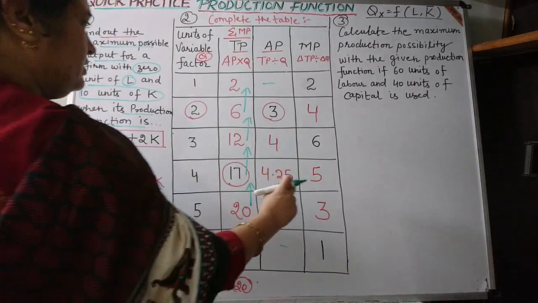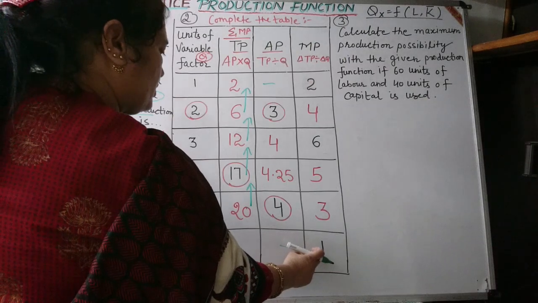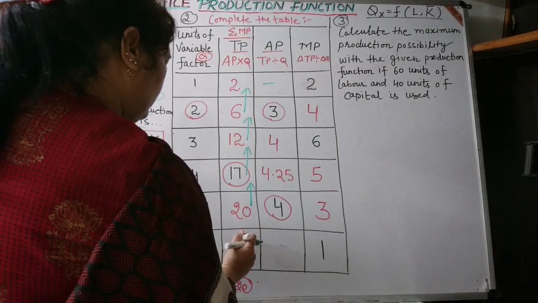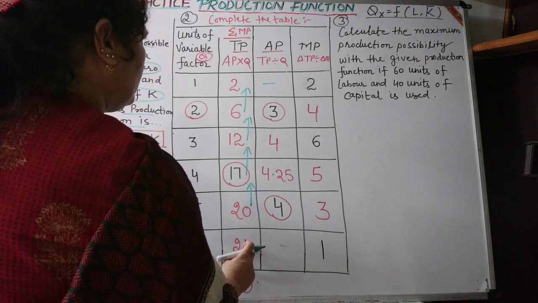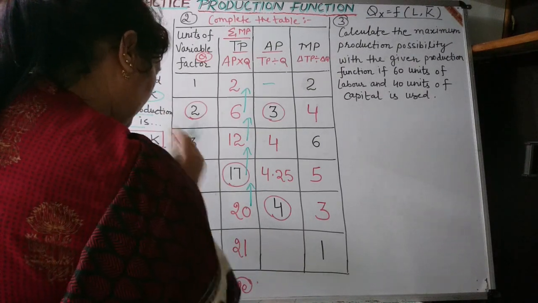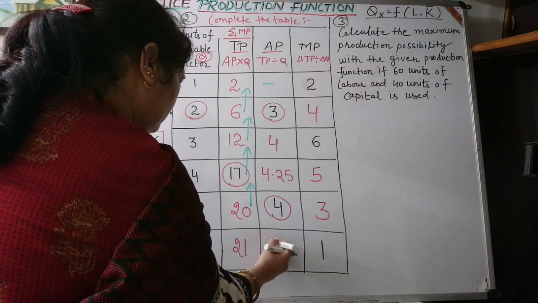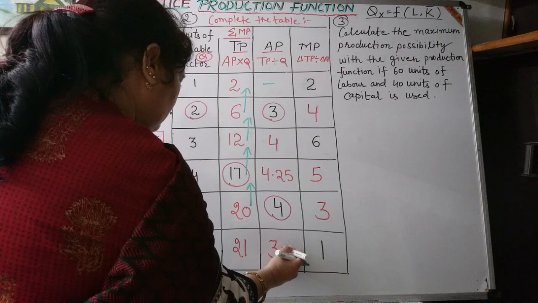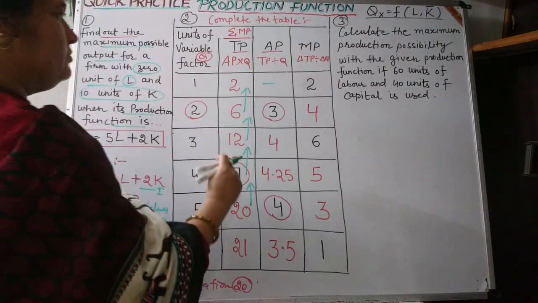And here the summation of marginal production, because marginal production denotes change in total production, will be 21. And if total production is 21, divided by quantity, it will be average production. 21 divided by 6, 3.5.